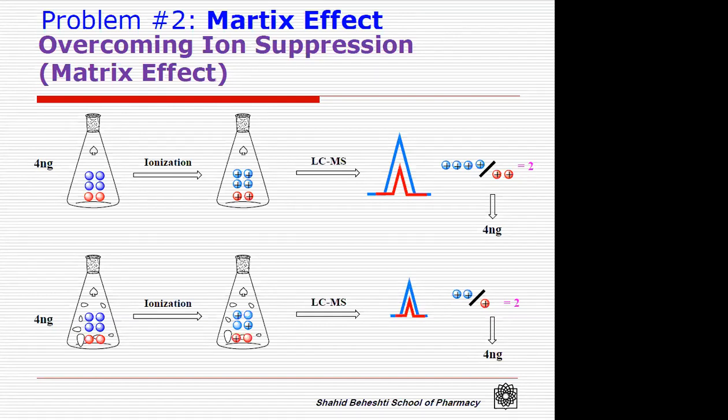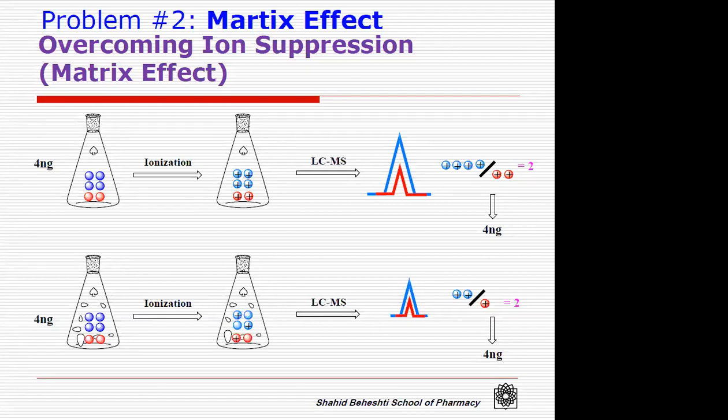That means from the 2 labeled phenylalanine that we have, half of them, that means 1 of them, is going to be ionized. And then when you inject this sample to the LCMS, you get 2 signals, one for the natural phenylalanine, the other one for the labeled phenylalanine.